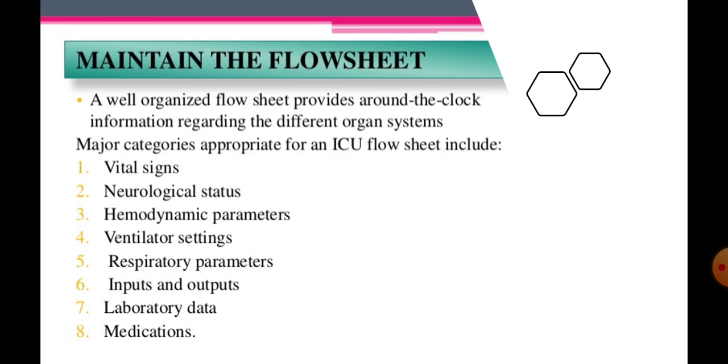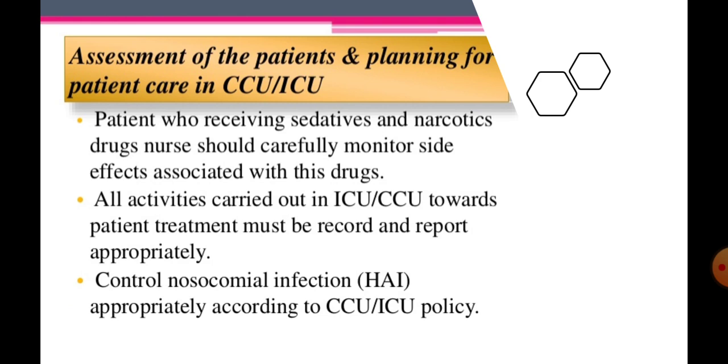We should also maintain the flow sheet for the patient to provide around the clock information regarding the different organ systems. We should have the flowchart regarding vital signs, neurological status, hemodynamic parameters, ventilator settings, respiratory parameters, then input and output chart, lab data, medications.